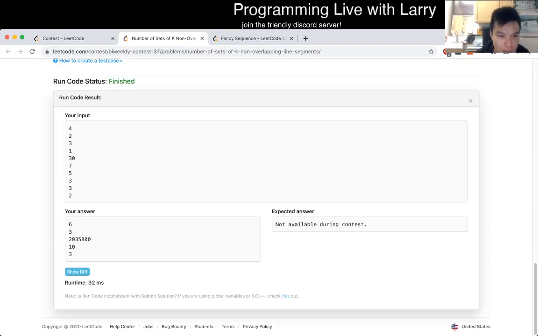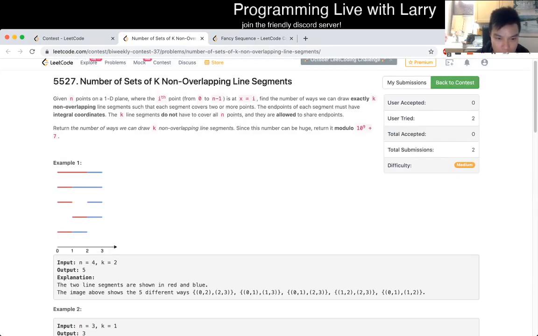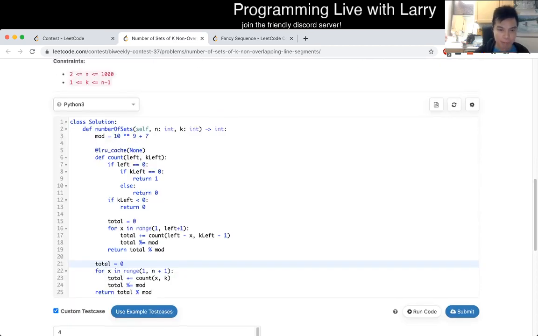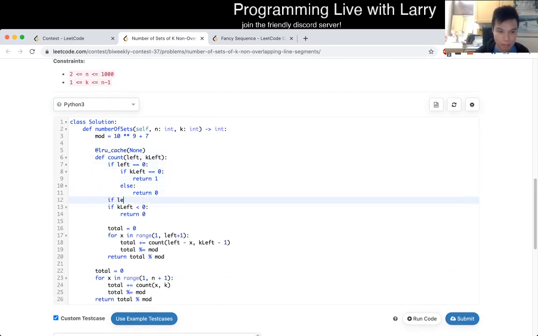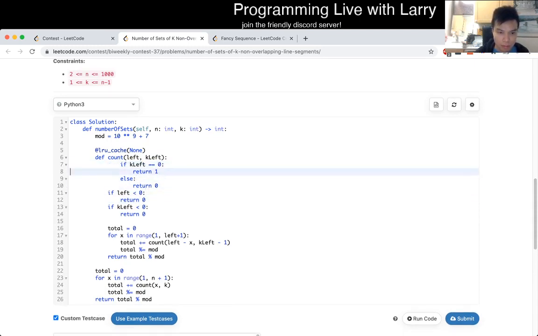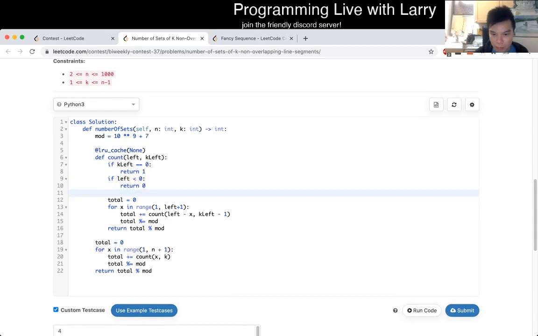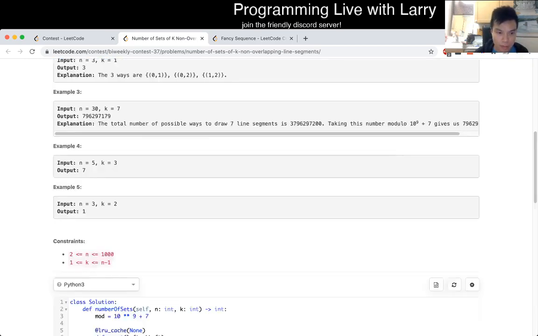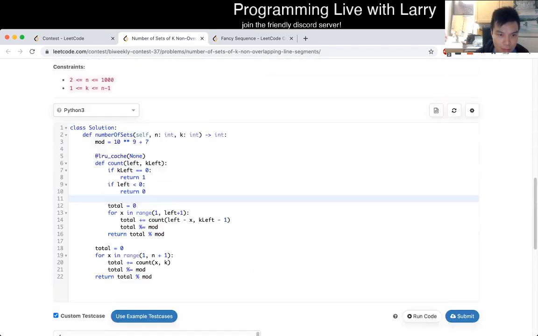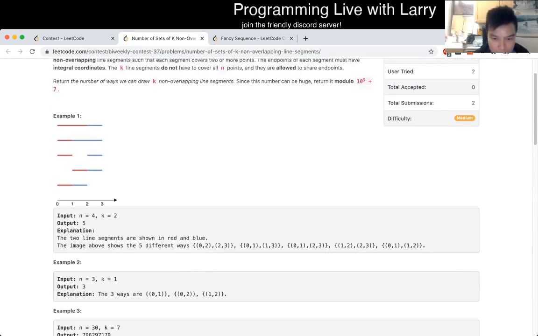Why do I have 6? Oh, it doesn't have to go all the way, that's right. I'm double counting? Why am I double counting?